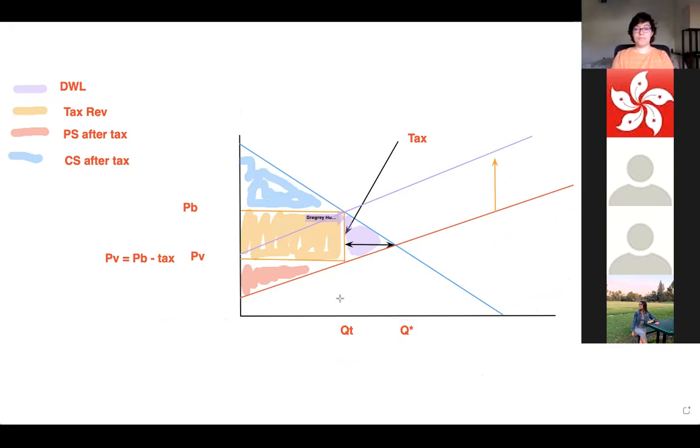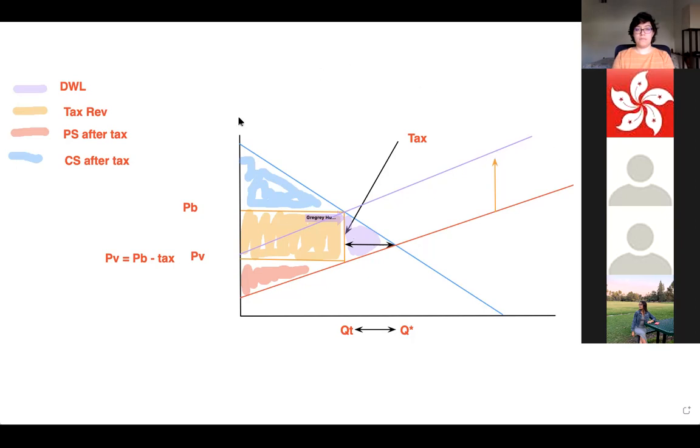That distance is the difference between the equilibrium quantity and the after-tax quantity. Do you see what I mean? Yes. So we've got to do Q star minus QT times the base times 1/2. That would be our formula.